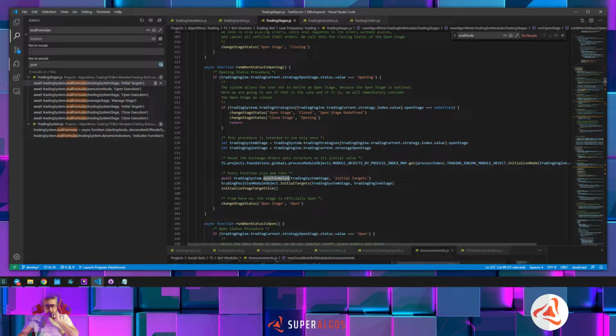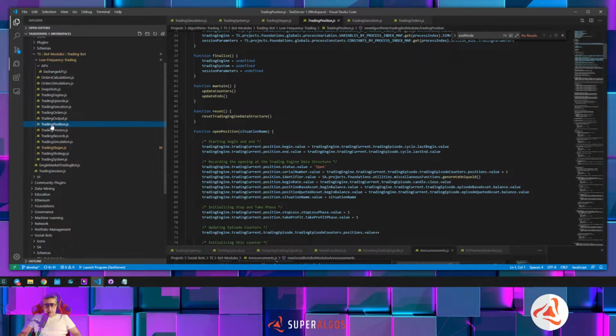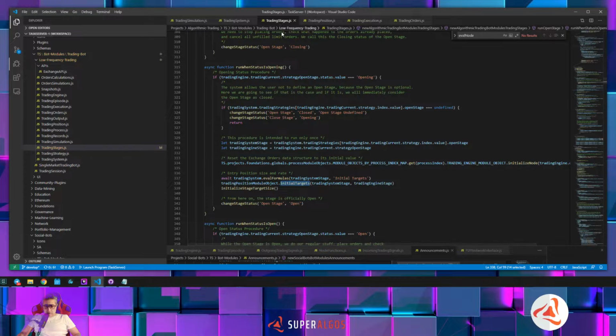Okay, trading position. Who is this guy? Trading position module. Trading engine, trading episode, trading position. What we are saying here is what we're going to say initial targets.